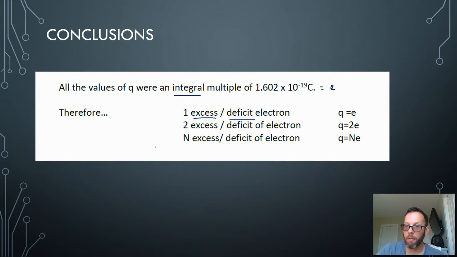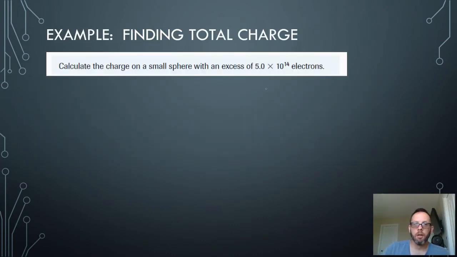So the charge on any particle is always a multiple of this value, E. Just like we use G is 9.8, this constant E, we can think about it as 1.602 times 10 to the minus 19. If we're talking about an electron charge, so if we have one extra electron, the charge would be negative E. If we have one less electron, so one more proton than electrons, the charge would be positive E.